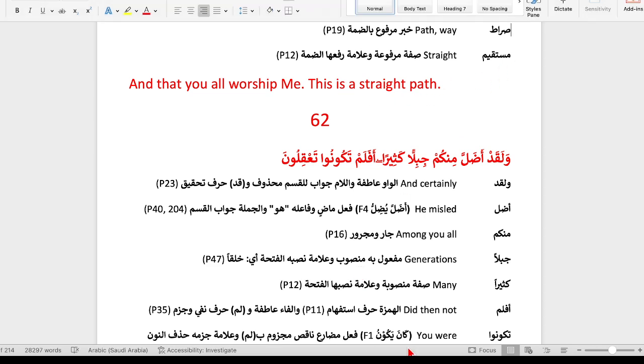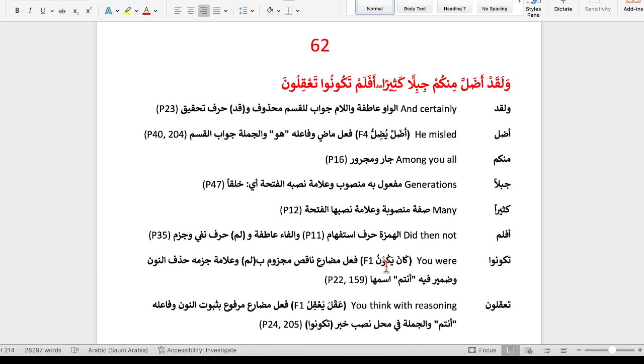And we can see here taku is actually the fi'l mudare. Here is takununa, coming from kana yakunu, huwa yakunu, huma yakunani, hum yakununa, anta takunu, antuma takunani, antum takununa. So takununa will change to takunu because the noon is removed in the fi'l mudare majzoom. The table is on page 159.